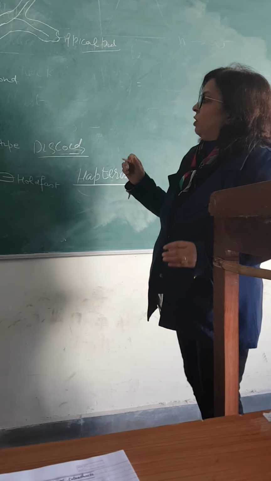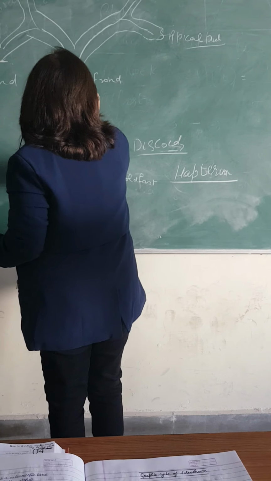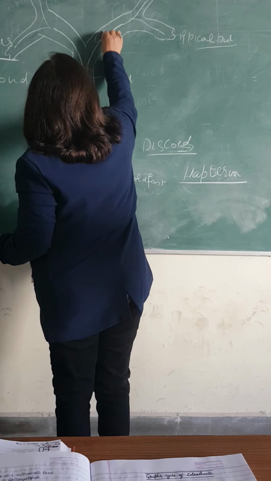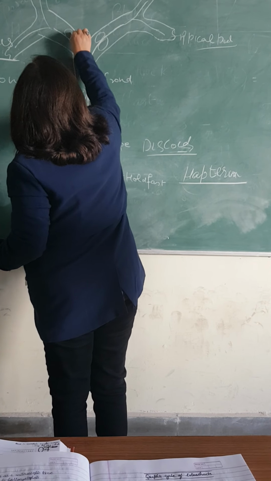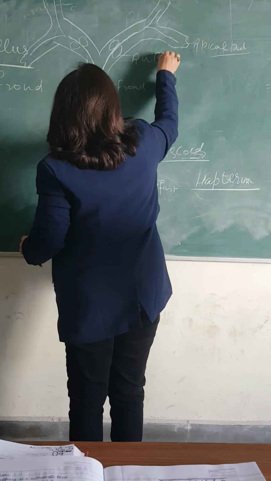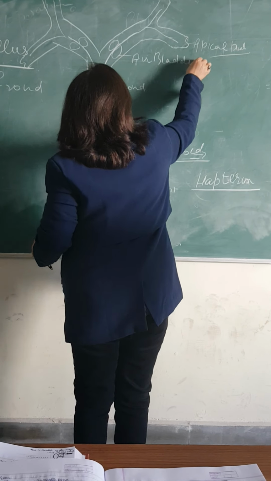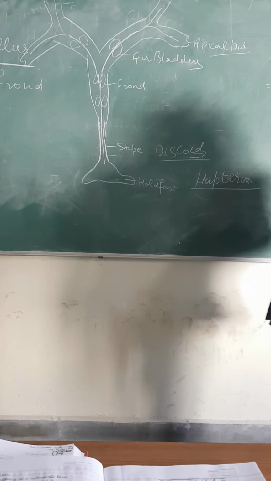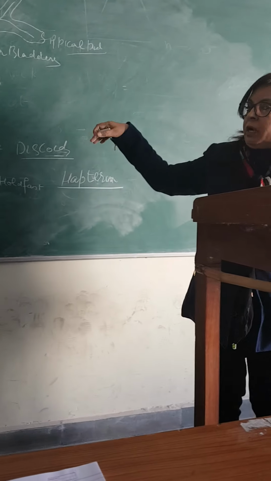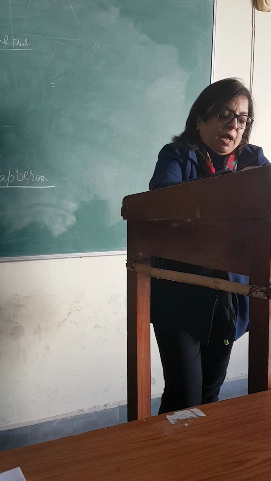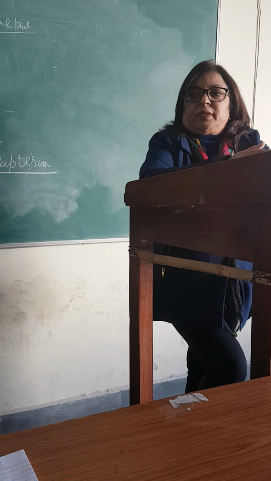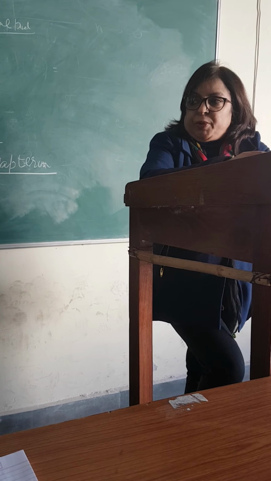Another thing which we find over here is the presence of air bladders. These air bladders are scattered on the sides of the thallus, and they are always found in close association with the midrib.